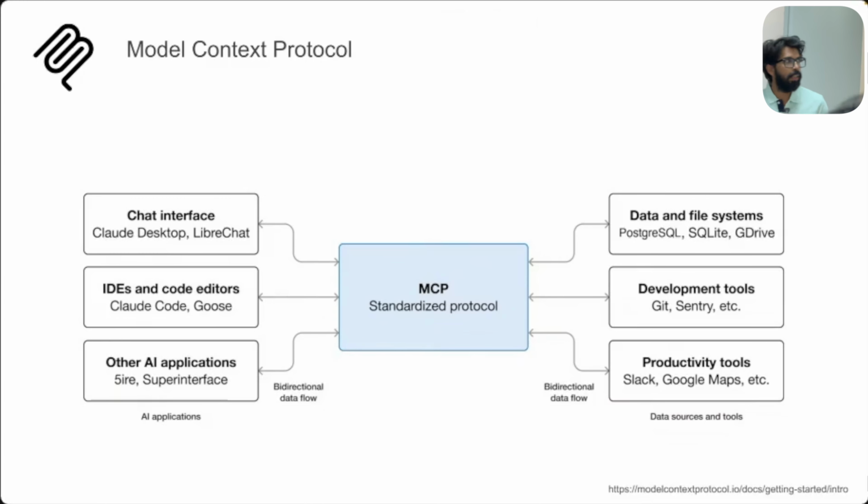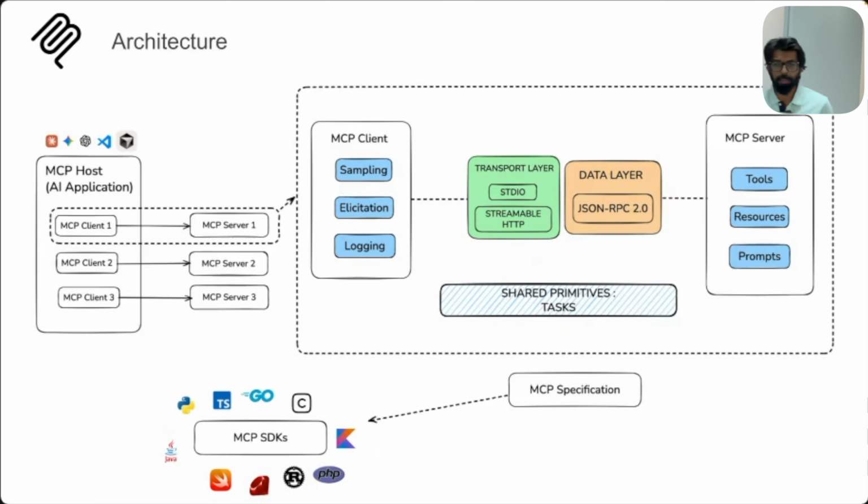So just glossing over the basics of MCP, I think everyone is aware that MCP is a standard protocol to connect your AI applications to data sources or different tools. So you have AI applications on one side and your data sources on the other. Roughly, these are the capabilities of the entire MCP framework.